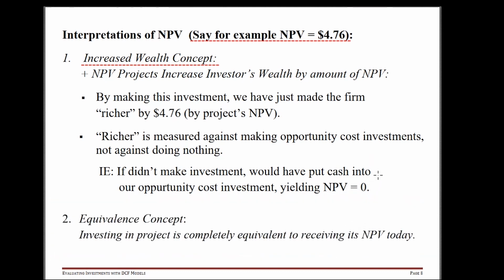Second important concept is called the equivalence concept, and that says investing in our positive NPV project is completely equivalent to receiving its NPV today. And again, in the lecture for handout 11a, I went over showing you how that is true. Honestly, the increased wealth concept is the one that we use more, so it's important that you understand that one.